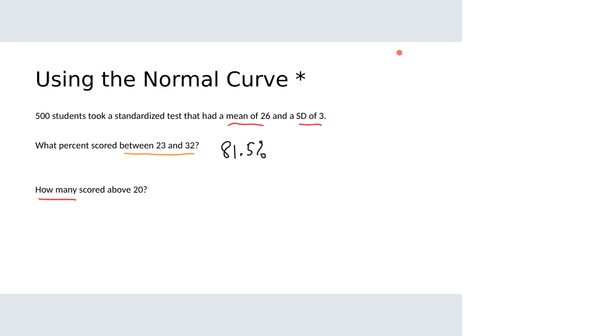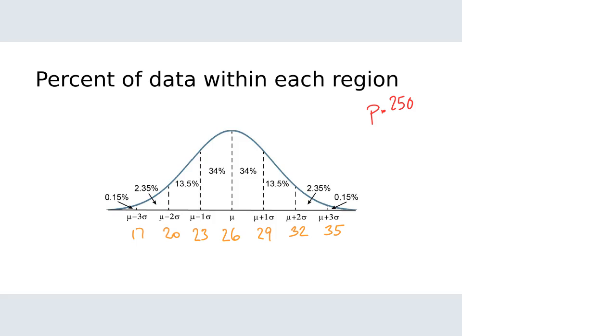The second question here said, how many students scored above 20? The first thing we're going to go find is the percent that scored above 20. And to do that, we'll go back to our diagram. We'll find 20 here at 2 standard deviations below the mean, and above 20 then is all of these people.